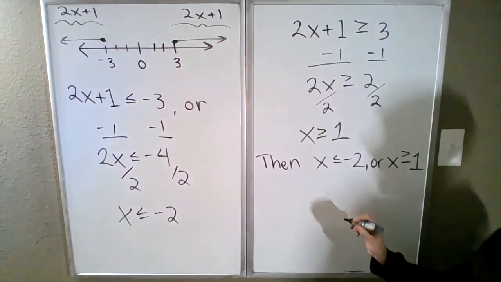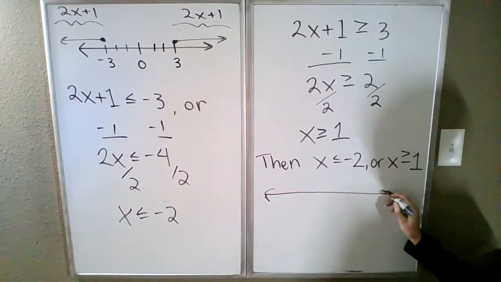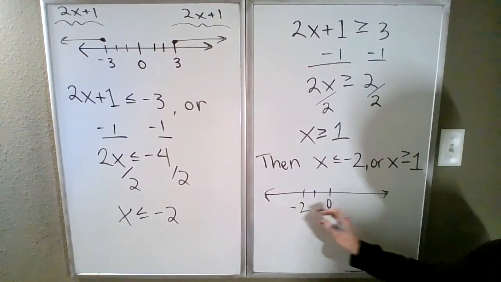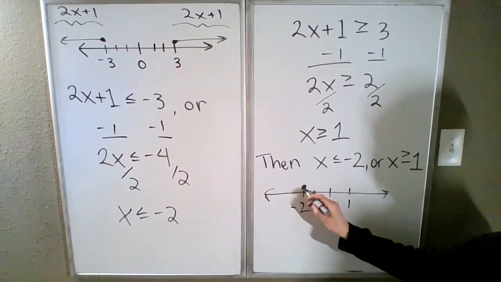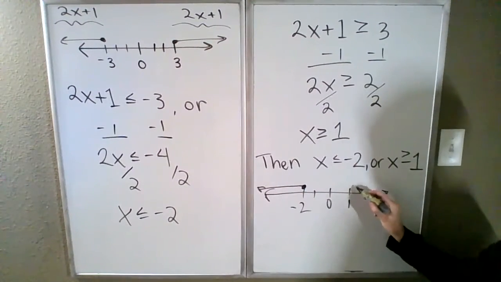We could sketch a graph of that. Let's go back to 0, and +1. We could get -2, or less than or equal to, and +1 and greater than or equal to.